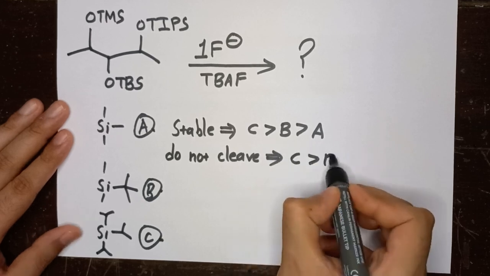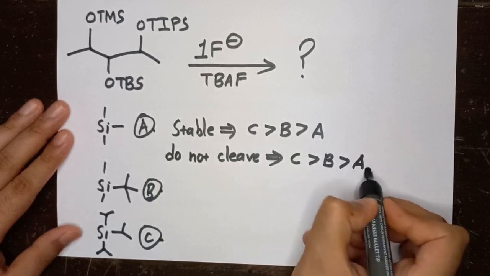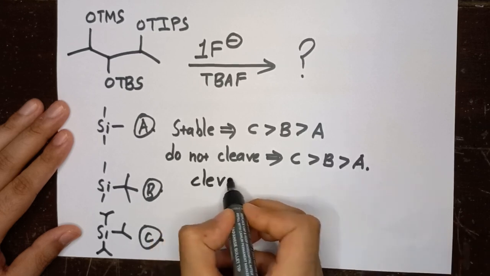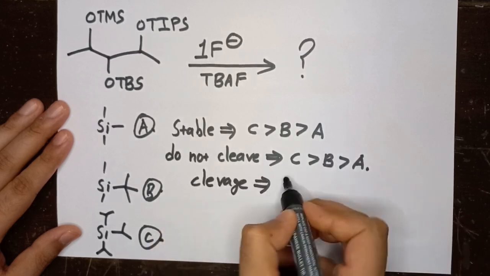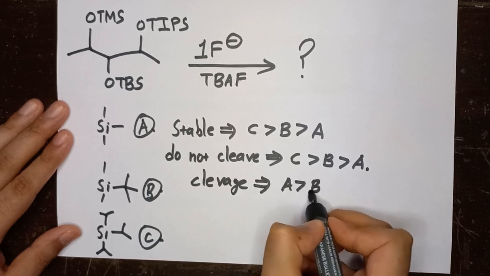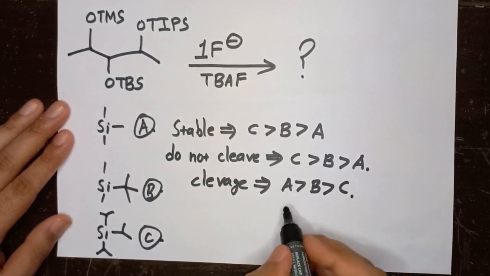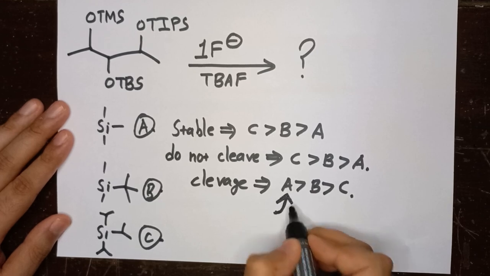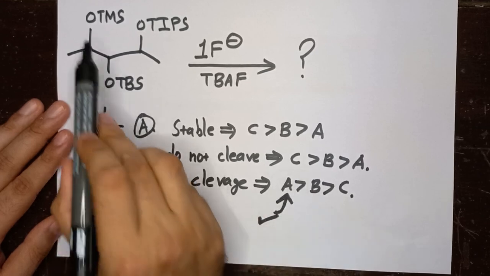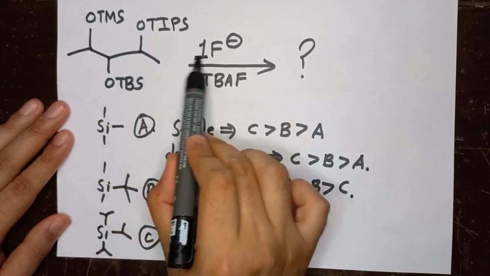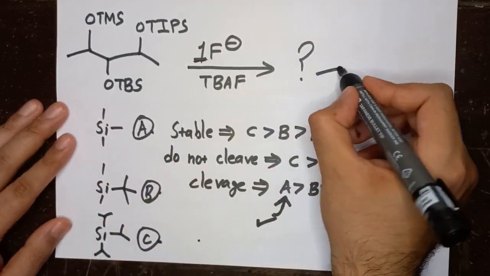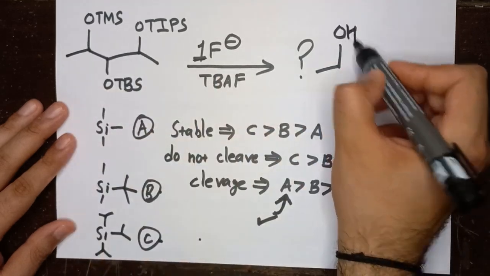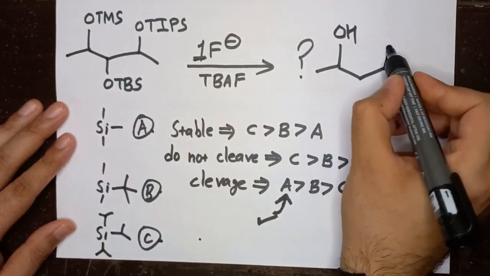So C, B, A. So clearly the cleavage order is going to be the reverse, A, B, C. So this is less stable, less bulky. So this is going to cleave first, and out of these three, in presence of only one F minus source, the product is going to be only TMS deprotected and generating OH. The rest will be intact.